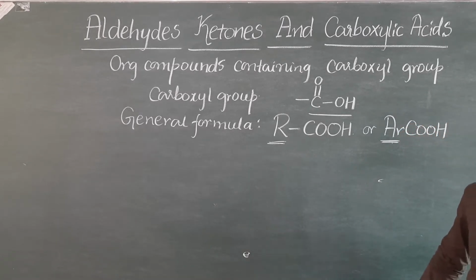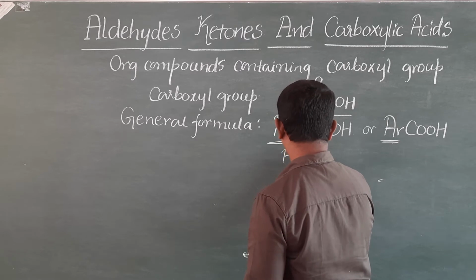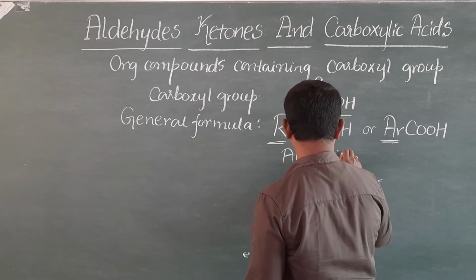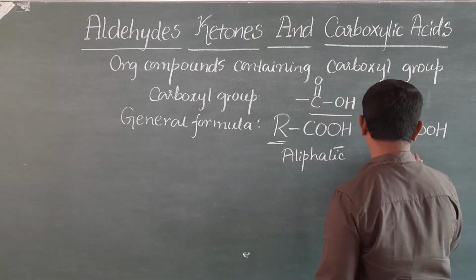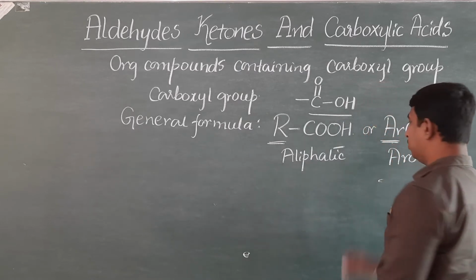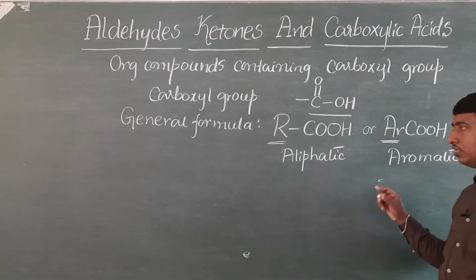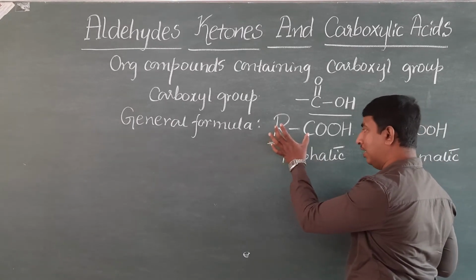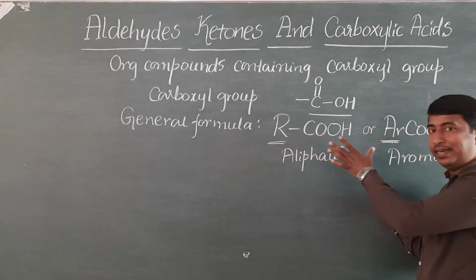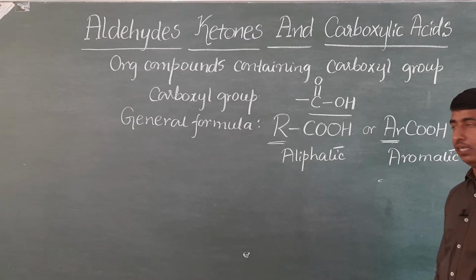we can have two different types of carboxylic acids. One is aliphatic carboxylic acid. The other one is aromatic carboxylic acid. Aliphatic means if we find any alkyl group directly bonded to carboxyl group, then that acid is called aliphatic acid.